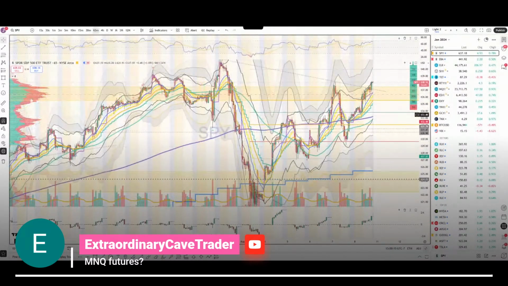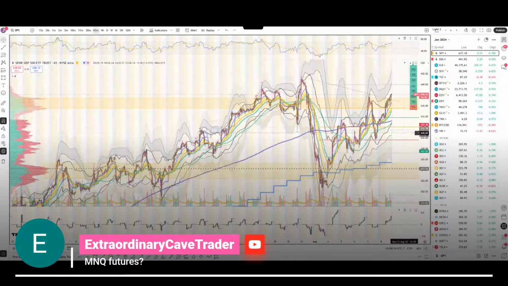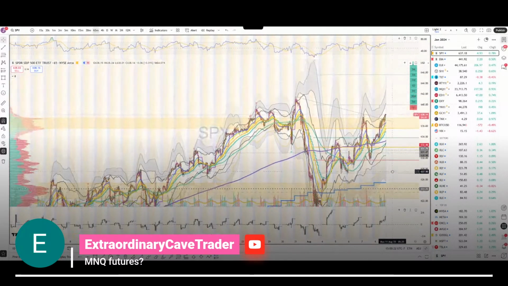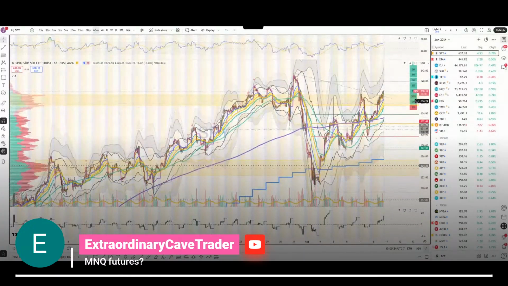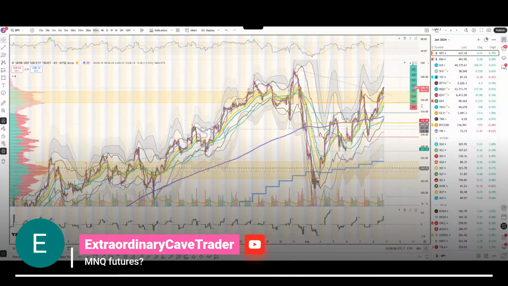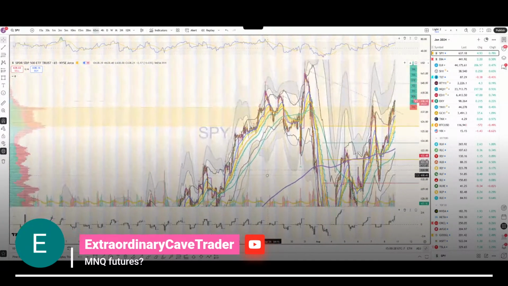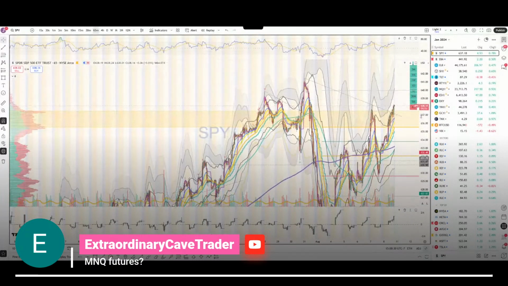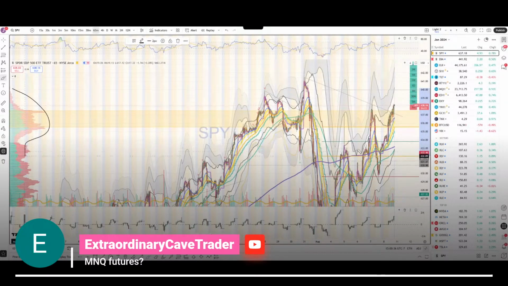What I'm seeing on the volume profile here, let me go out a little more. It's kind of showing what I'd like. In general, if we're bullish, we want to see a P type formation on the volume profile.